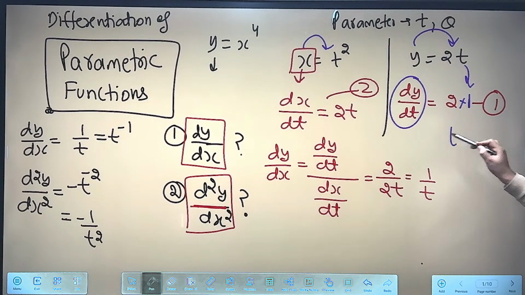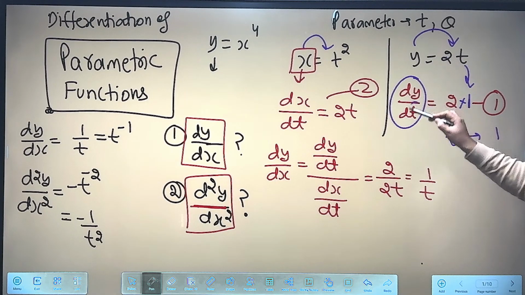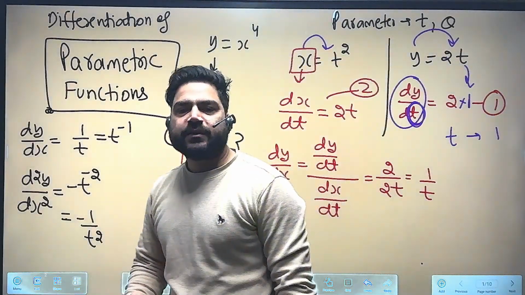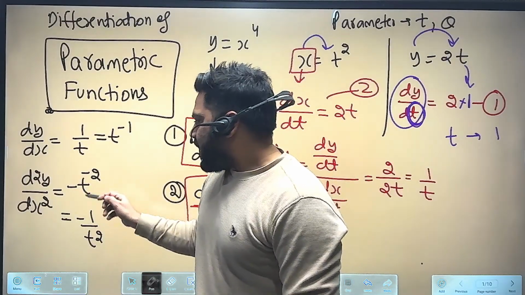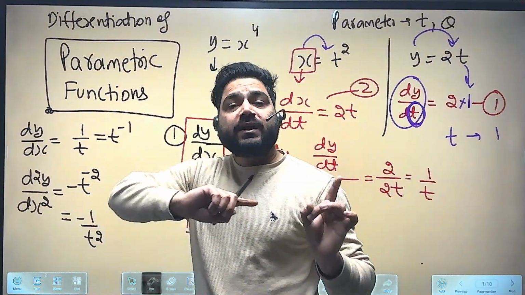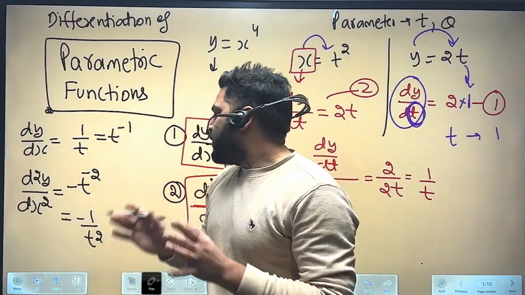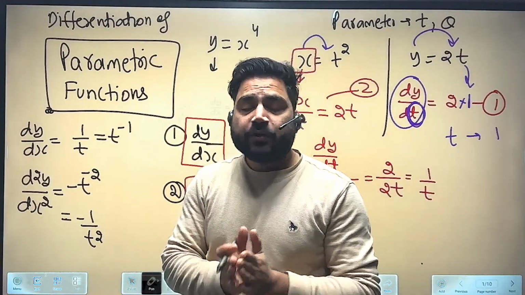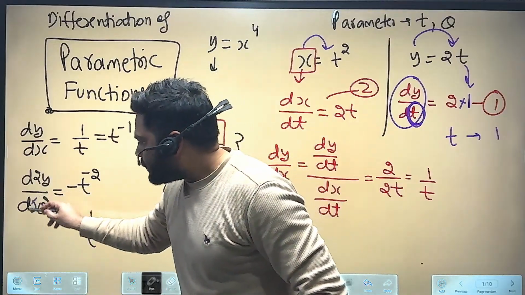I understand the t derivative is 1, because we are doing differentiation in terms of t. But what we need to see here is that when we are doing the double derivative, we are not doing the derivative in terms of t. We are doing it in terms of x.